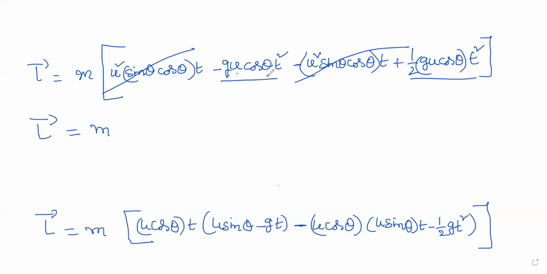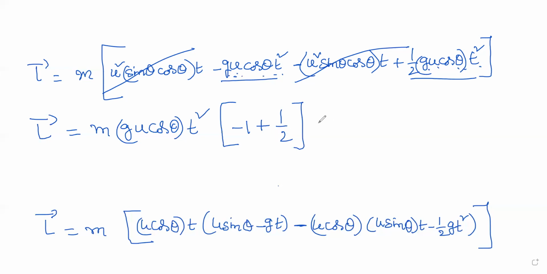Now you can see g u cos theta times t square here, and g u cos theta times t square here. You take g u cos theta times t square out. Here it is minus 1, and here half remains. Minus 1 plus half happens to be minus half. So you have m into g u cos theta times t square, and now this is minus half.